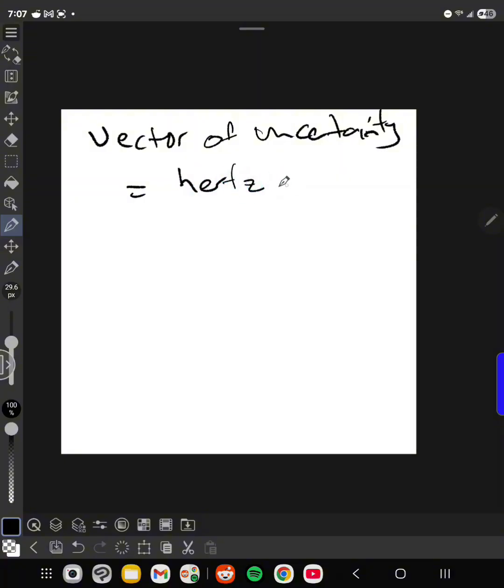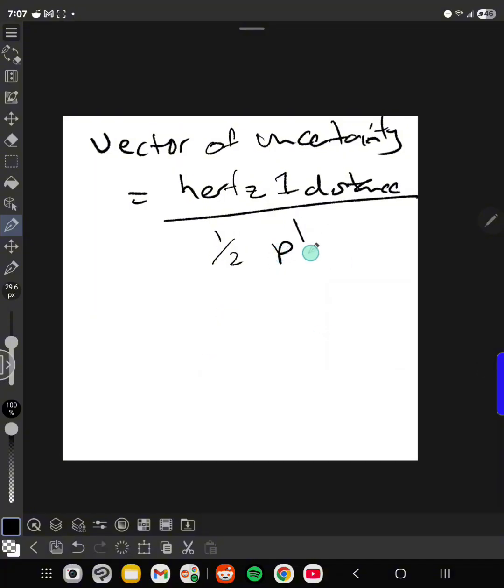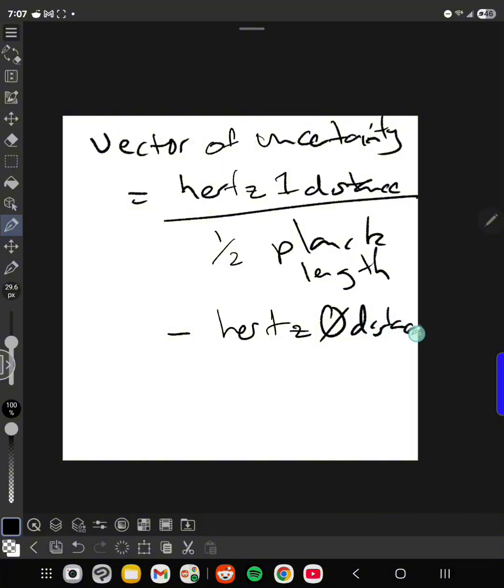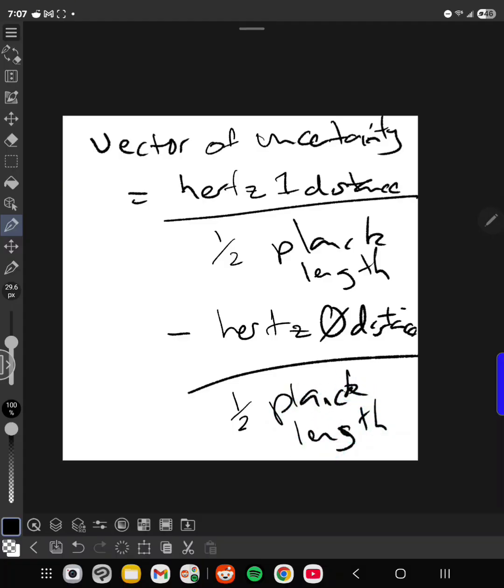Hertz 1 distance over 1/2 Planck, minus Hertz 0 distance for 1/2 Planck. Alright, so that's copium core vector.